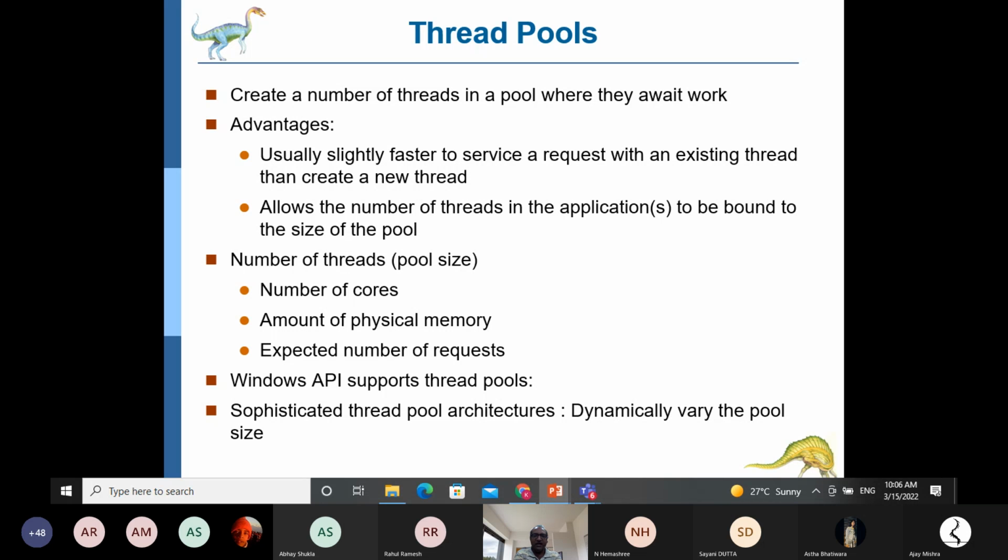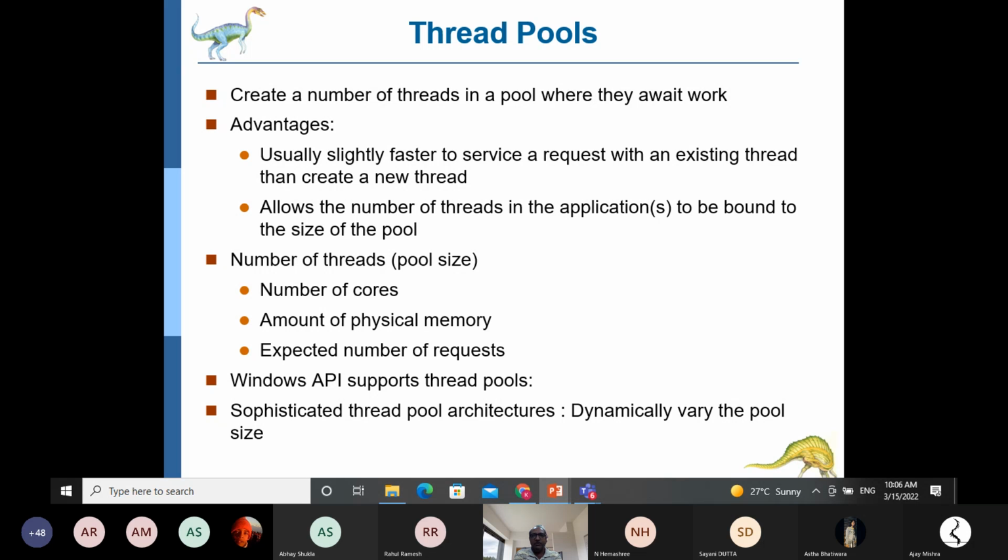Whenever a request arrives from a client, it can be directly passed on to a thread, because there are lots of threads available in the pool. That way thread pools can be used for serving client requests, and since the threads are created in advance, the creation time can be minimized.